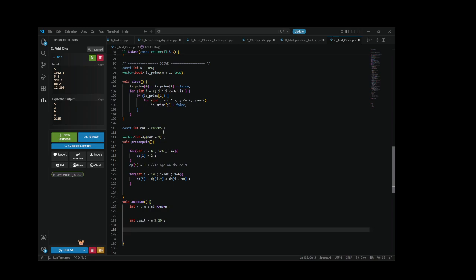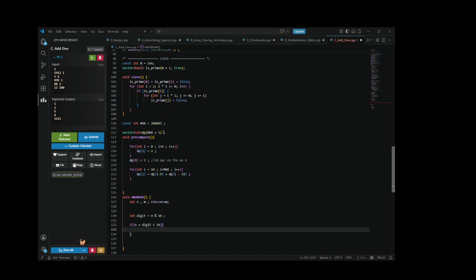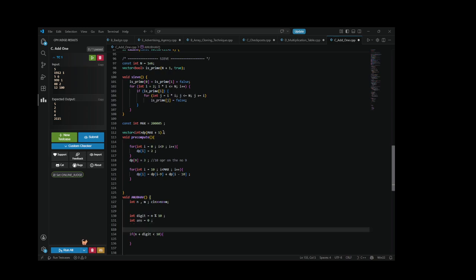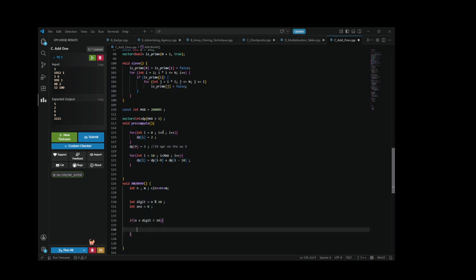And if the m plus digit value is less than 10, then the answer that we need, let's program to change answer equal to 0. So this means the m plus digit value is less than 10.